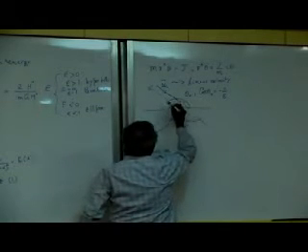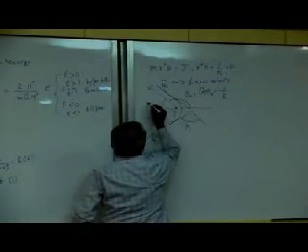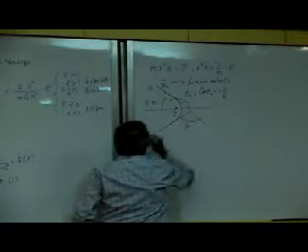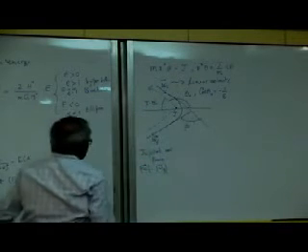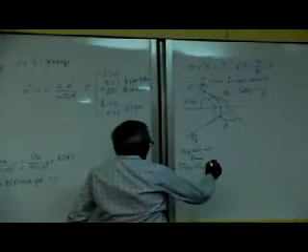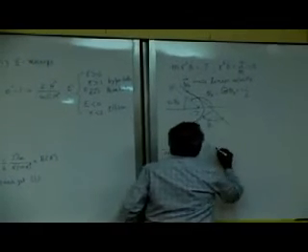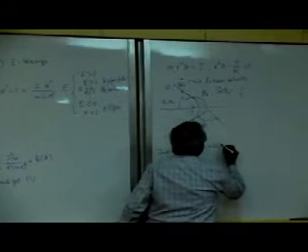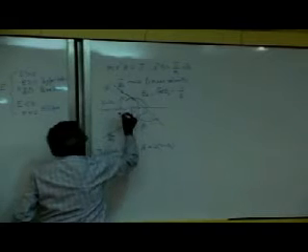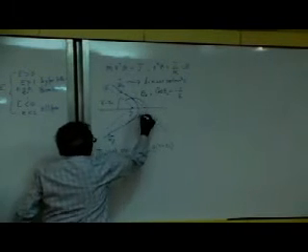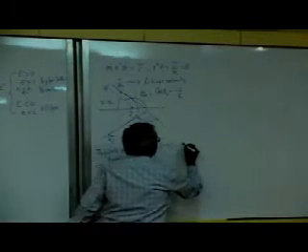If this is theta 0, this is pi minus theta 0. So, notice beta plus 2 times pi minus theta 0 equals 2 pi, that is this angle.